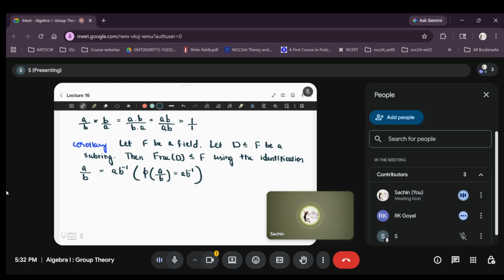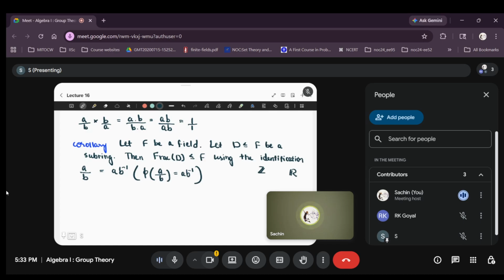Suppose you start out with the field of real numbers. Then you consider a subring of that field, which is actually a ring.